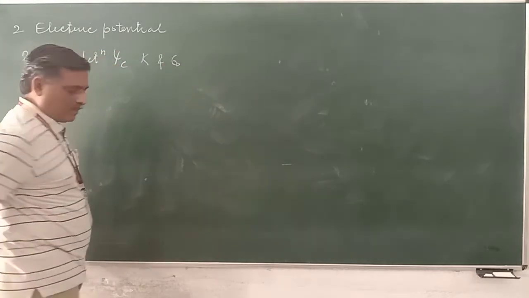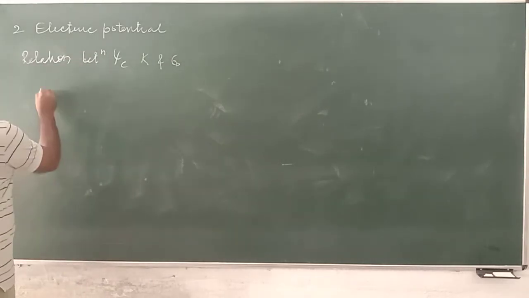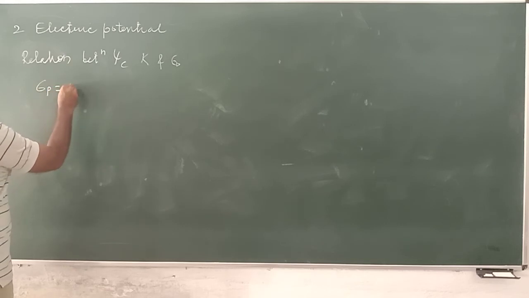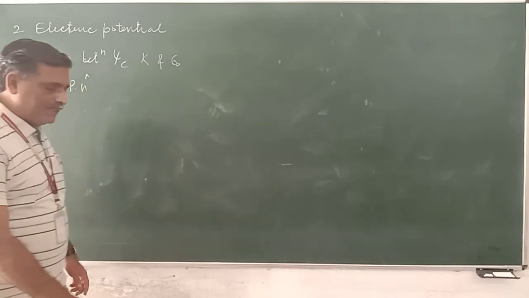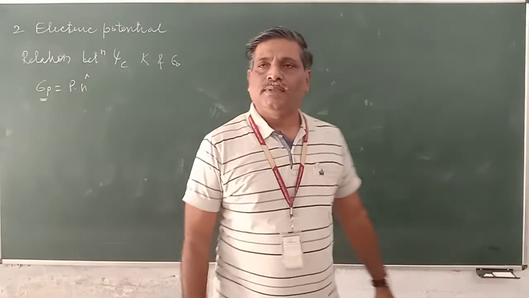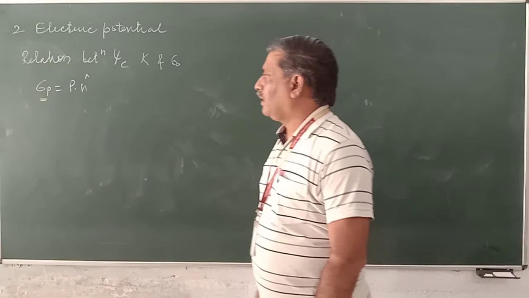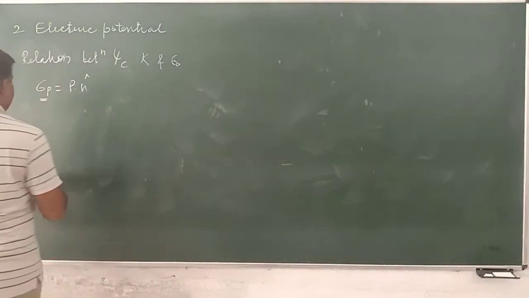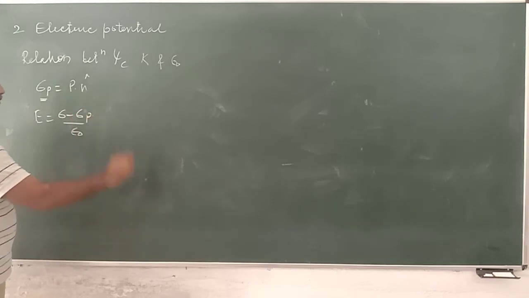We know polarization sigma p is equal to P dot n, where sigma p is the charge density due to polarization and P is the polarization. Now the electric field E is equal to sigma minus sigma p divided by epsilon 0.